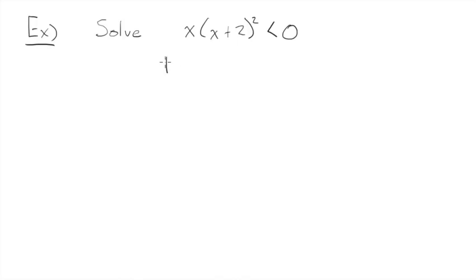Okay, so if p of x were equal to x times (x plus 2) squared, and then that was equal to 0, what are the zeros? We'd have x equals 0 from that one, and you'd have x plus 2 equals 0, which means x equals negative 2.